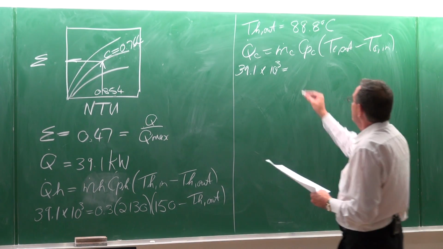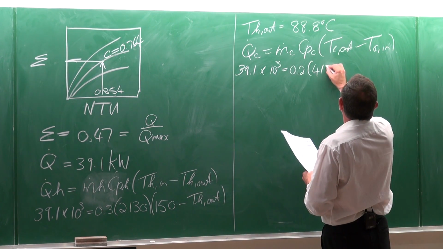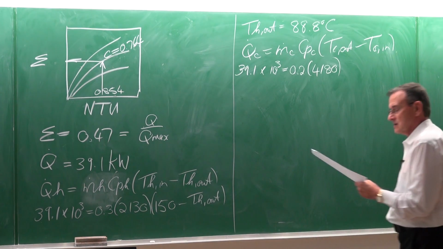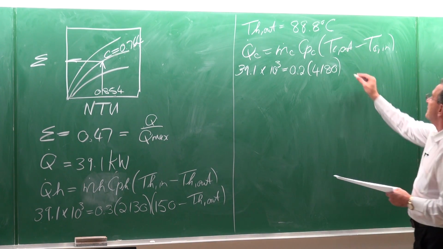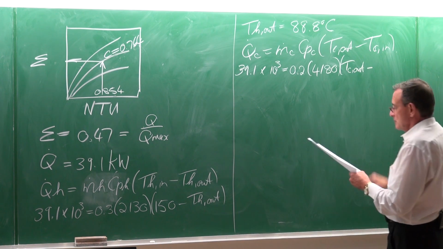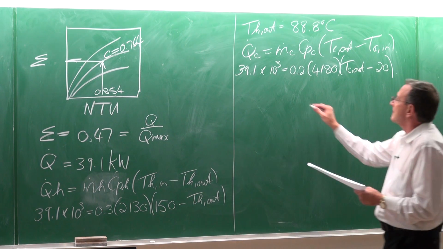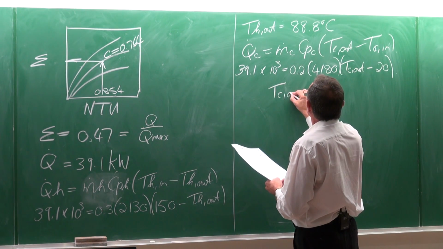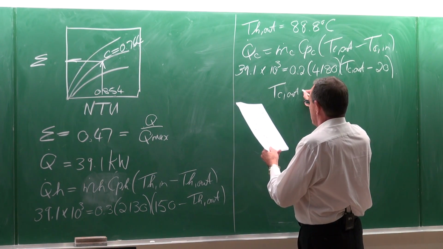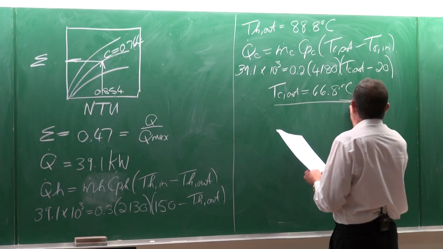The mass flow rate is 0.2. Cp is 4180. The outlet temperature we want to determine, the inlet temperature was 20, from which we can calculate the outlet temperature as 66.8 degrees Celsius.